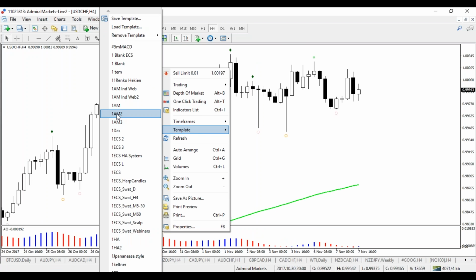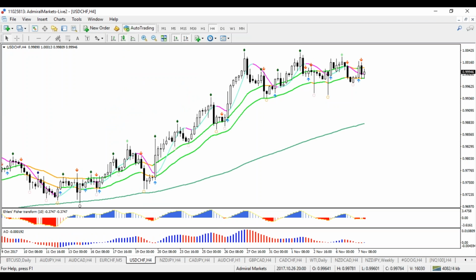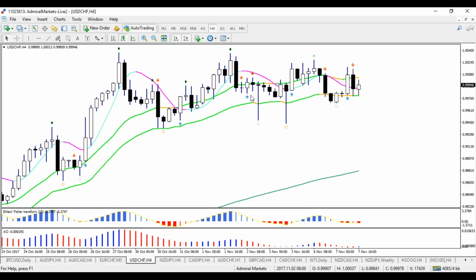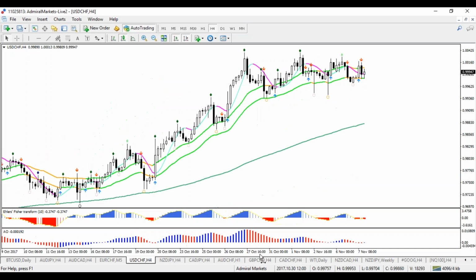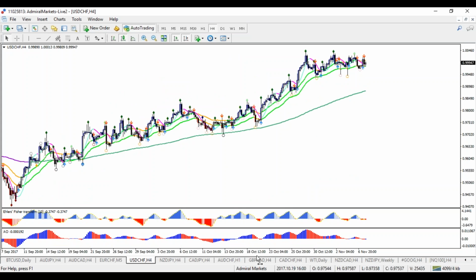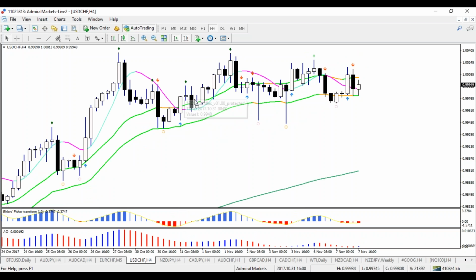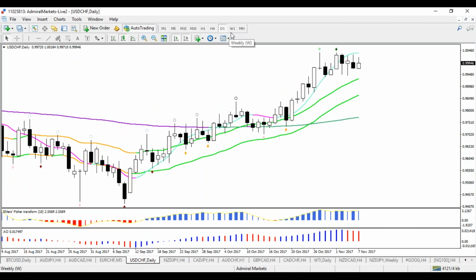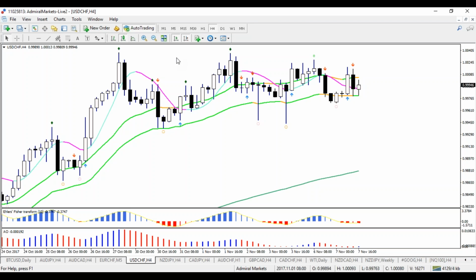Let me see how many moving averages have been crossed. One second. All right. It would seem like a breakout could occur to the upside.